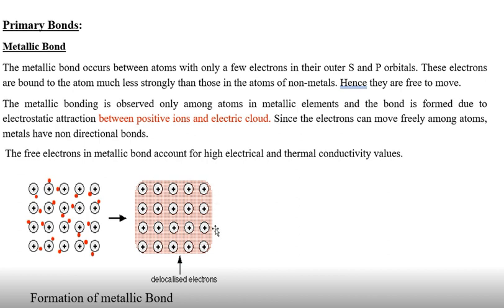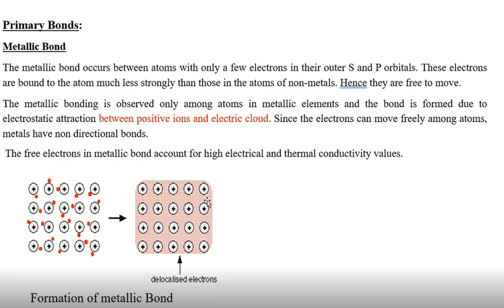We call this an electron sea. Right, so nuclei are in the electron sea. So we call them delocalized electrons. This is a kind of a metallic bond. Right, here you have an electron sea, and inside the electron sea you can have a positive nucleus.